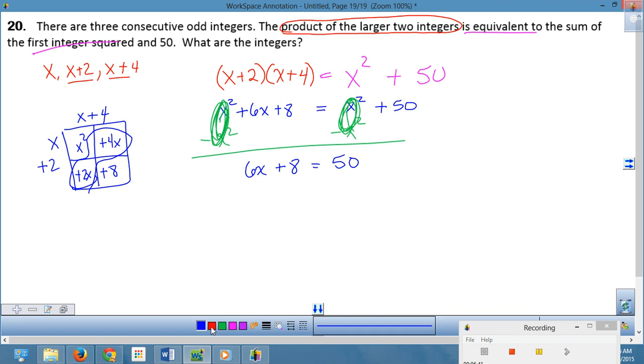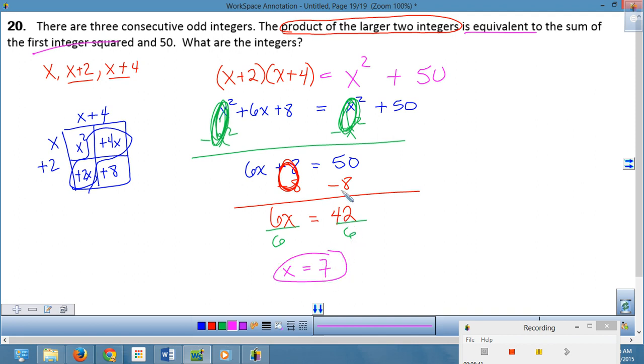So now you subtract 8 from both sides. 0 comes down. 6x equals, and then 50 minus 8 is 42. And then you divide by 6, so x equals 42 divided by 6, which is 7.